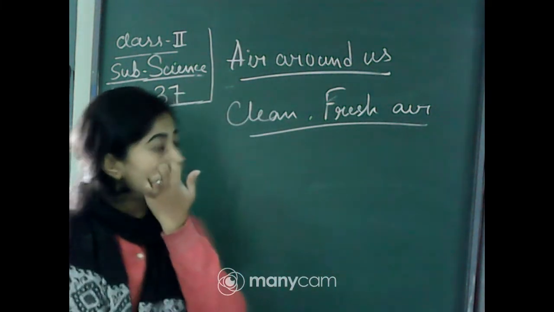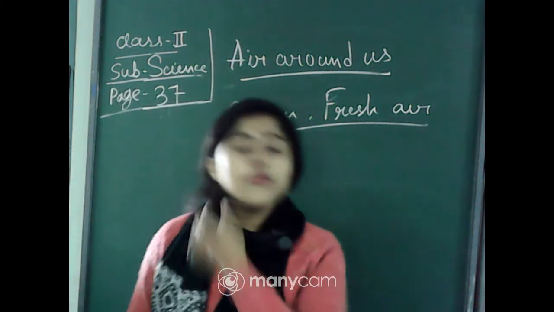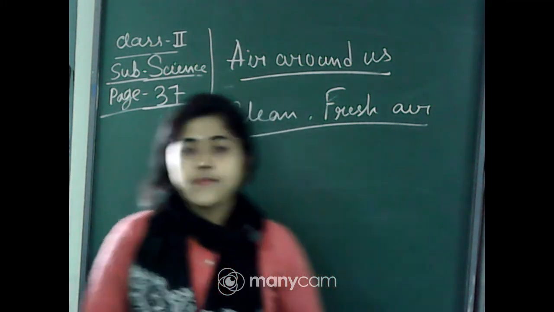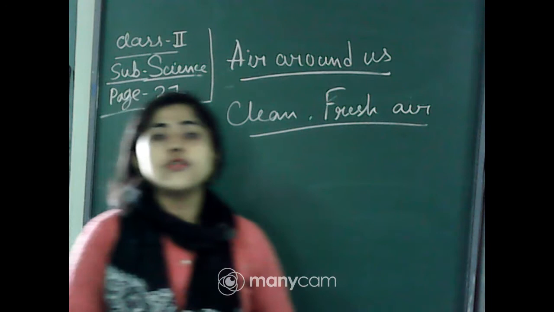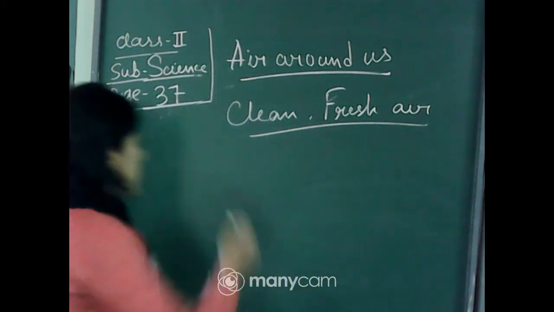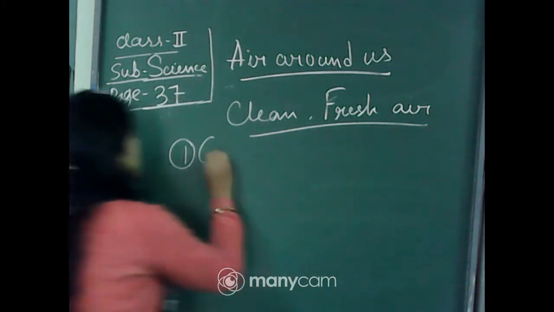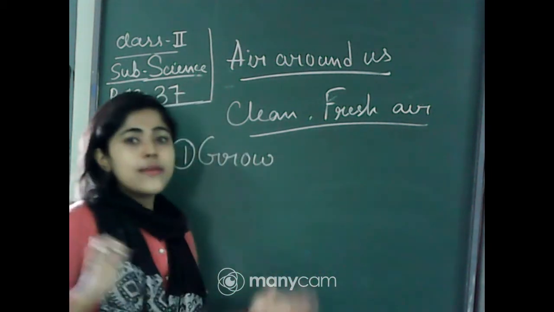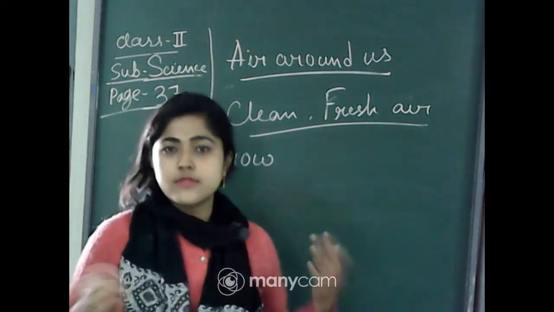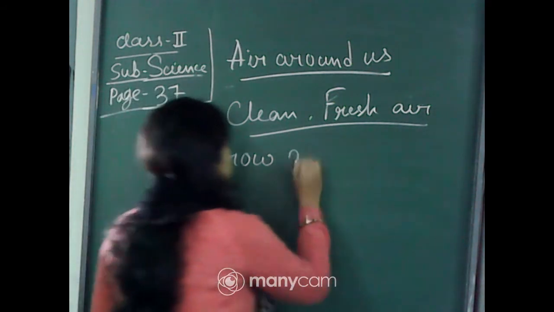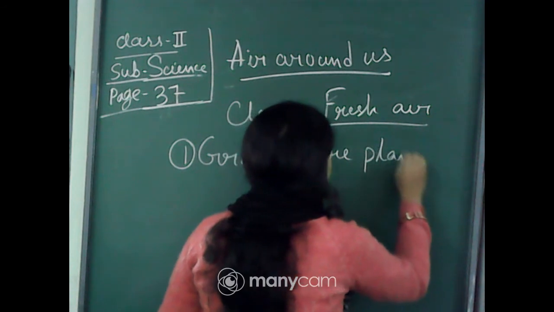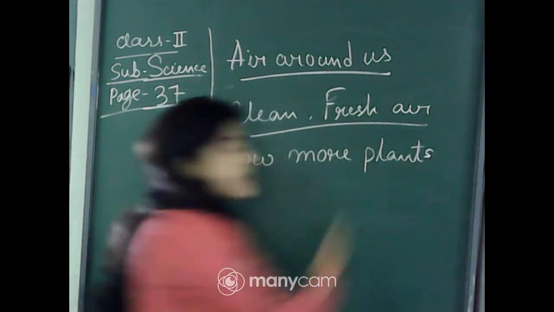So what do we have to do? We have to make the air clean. So that's why we have to grow more plants. We have to plant many trees, shrubs, and herbs also. Grow more plants, because you know plants make our air clean.